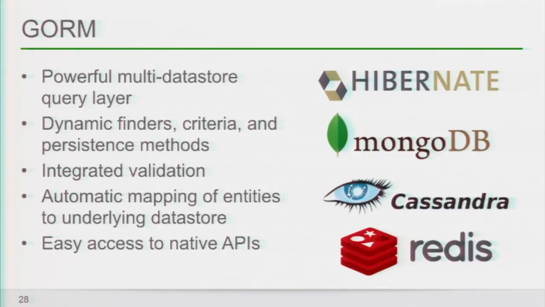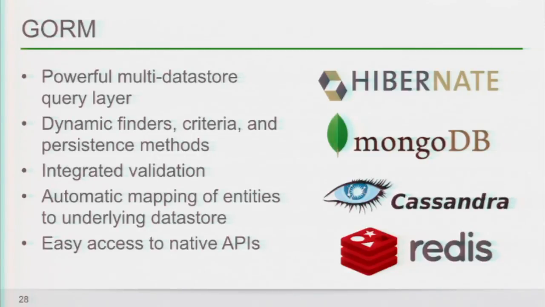So there are stable, released GORM implementations for Hibernate, for MongoDB, for Cassandra, for Redis, and I left it off the list because I ran out of space, Neo4j as well. So it really is multi-data store right now.